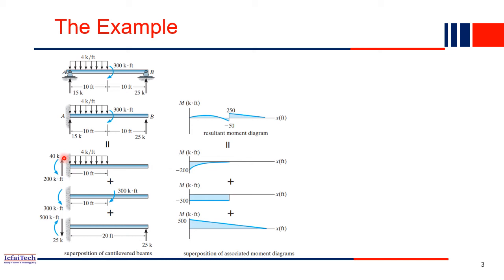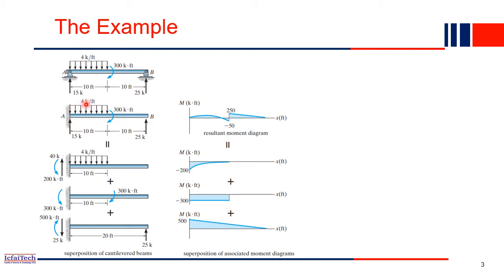Now the second part is a cantilever, and only the moment is acting at this location, 300, only the moment. And in the last part, this is a cantilever beam, and we added only this 25k load here. So essentially if you add these three, you will get the original beam, right?